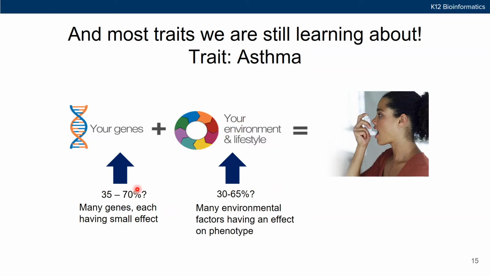Currently, our estimates are that 35 to 70% of the asthma phenotype are caused by a number of genes, each having a fairly small effect, and about 30 to 65% are due to environmental factors having an effect on the phenotype. By studying both the genes and the environment that impact this phenotype, we will hopefully develop better medicines and treatment for people with asthma.